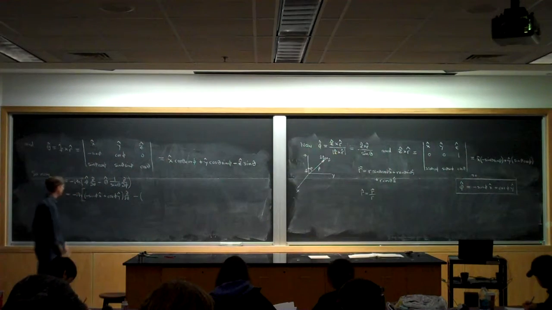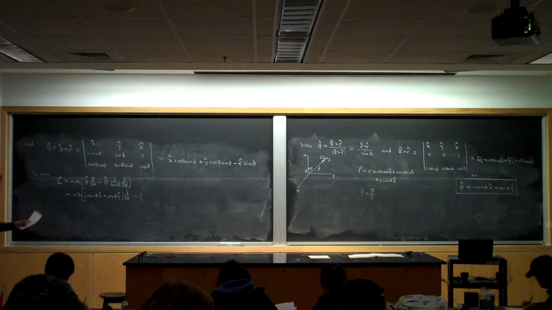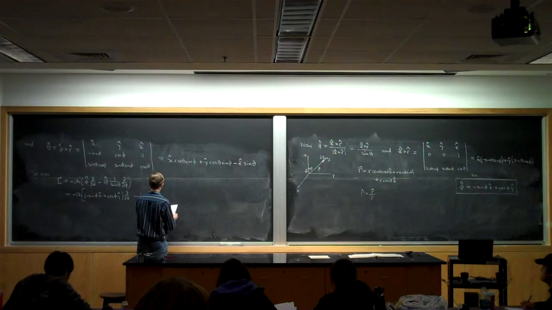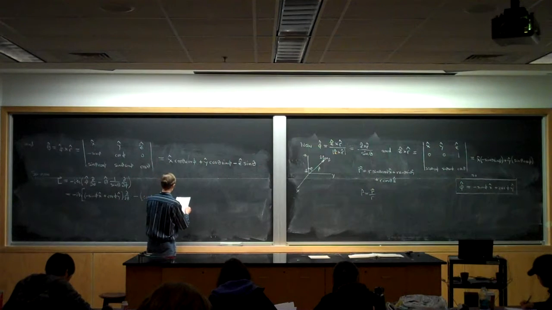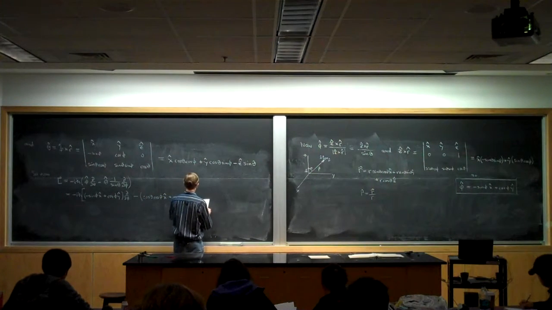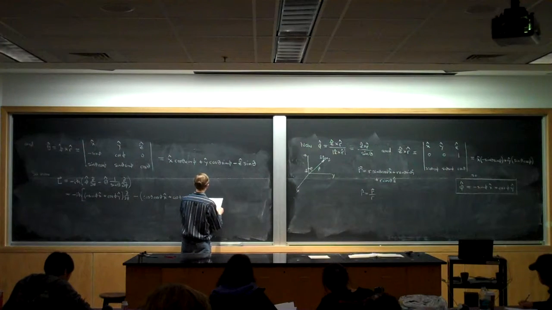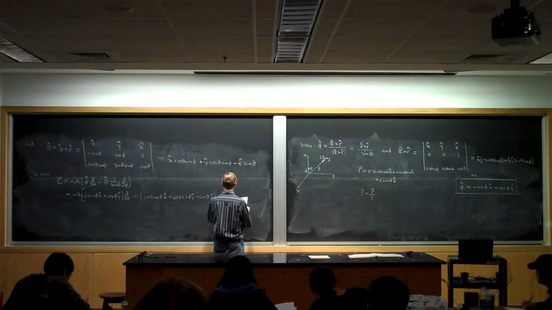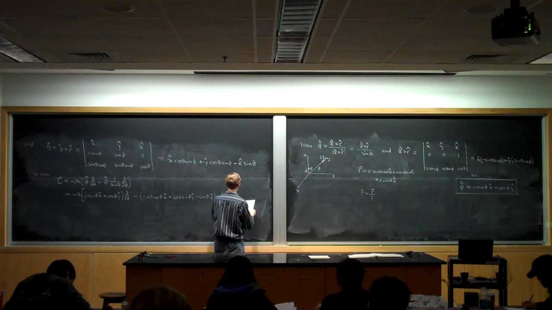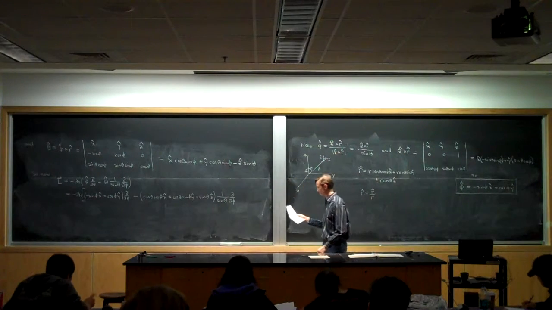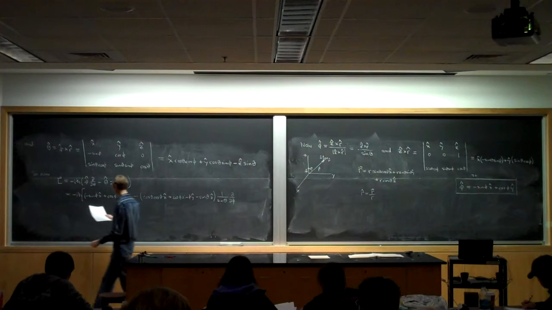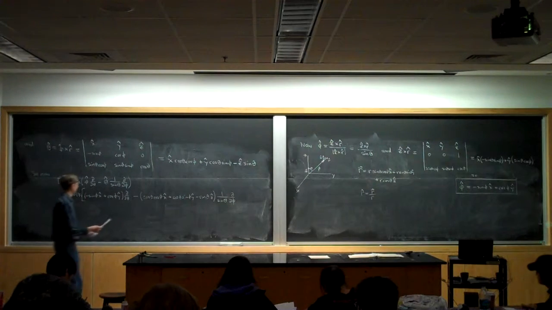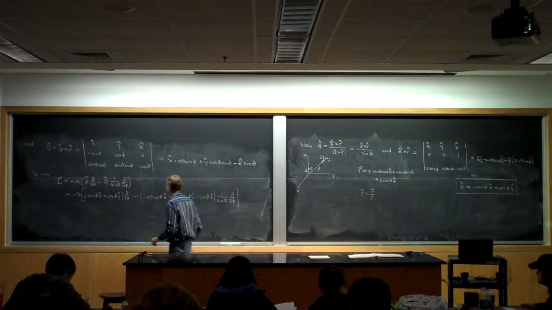Minus, and now in parentheses I'll write out what theta hat is in terms of Cartesian coordinates: cos theta cos phi x hat plus cos theta sine phi y hat minus sine theta z hat, times 1 over sine theta, partial with respect to phi, close parentheses, close square bracket.